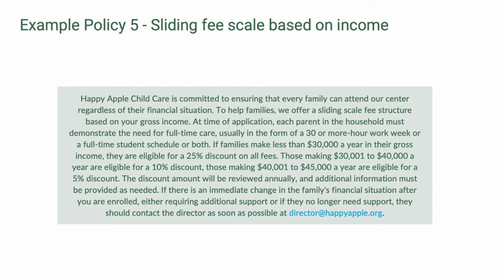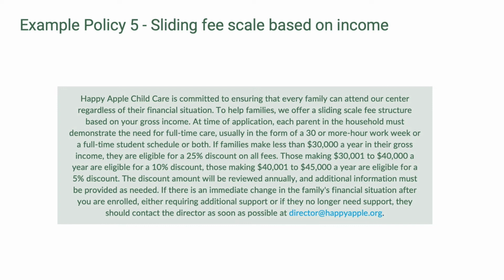If families make less than $30,000 in a year in gross income, then they're eligible for a 25% discount on all fees. Those making the next higher level of income a year are eligible for a 10% discount. Those making the next higher income level are eligible for a 5% discount.